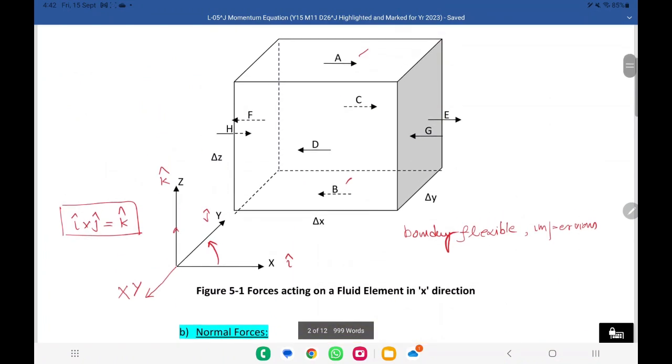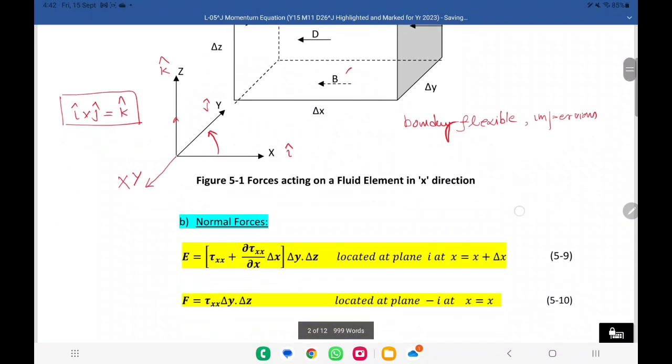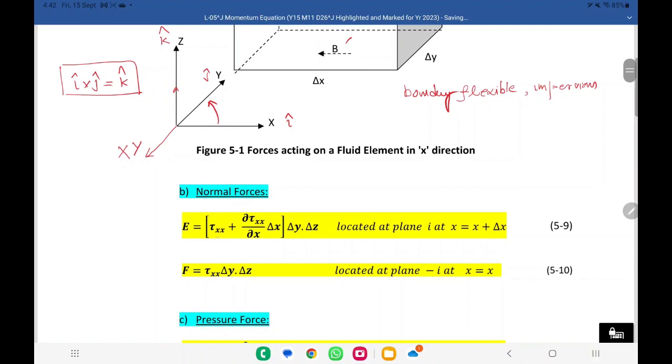Normal forces are in the x direction, here. This is E and F. Now these E and F are the normal stresses.